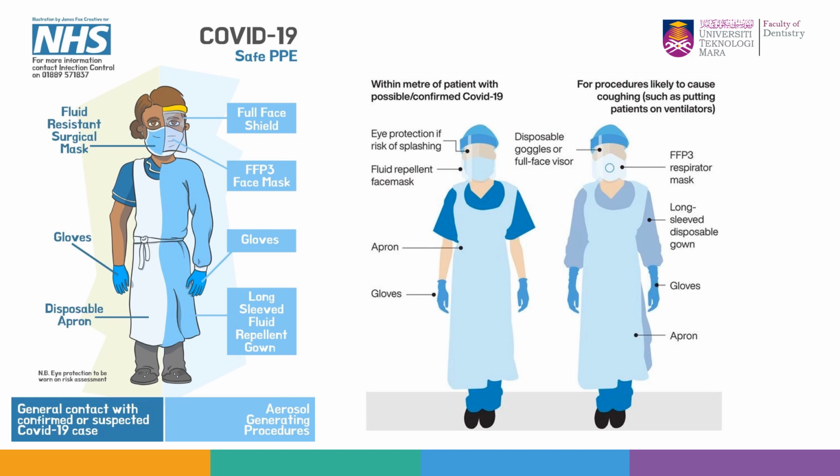So you're looking at that from the top: fluid resistant surgical mask, full face shield, and then we have gloves, long sleeve fluid repellent gown, which is what we called apron just now, and then disposable apron on top, just beneath it. So you can see this PPE being worn in healthcare facilities when dealing with COVID-19.